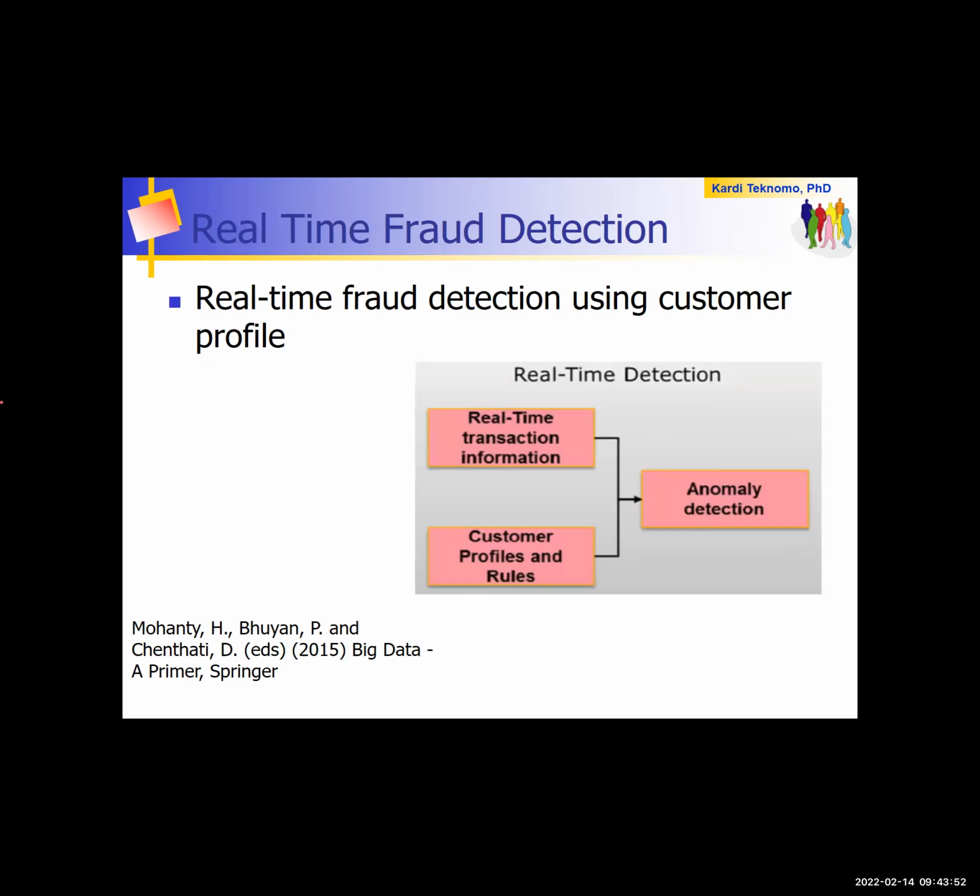Then, based on your customer profile and rules from a while ago, and the real-time transaction, you can combine these, and then you will say, oh, this customer is actually doing some kind of anomaly. So it will inform the decision makers, including the operational teller, that, oh, be careful with this type of customer.